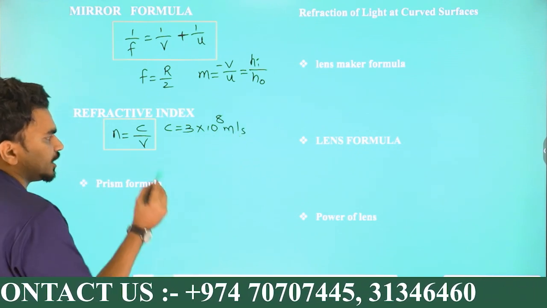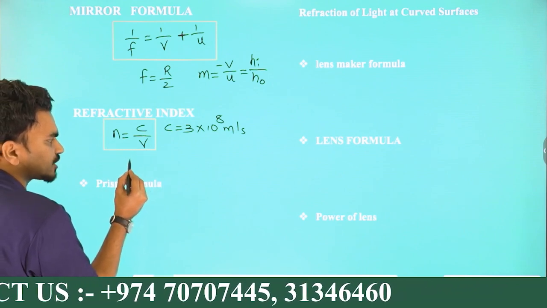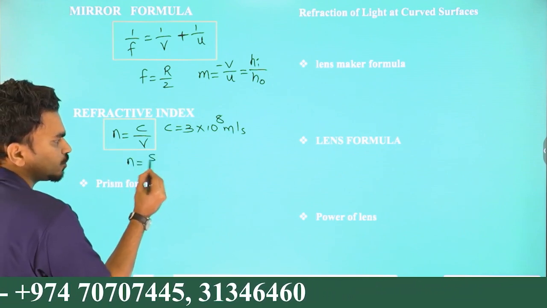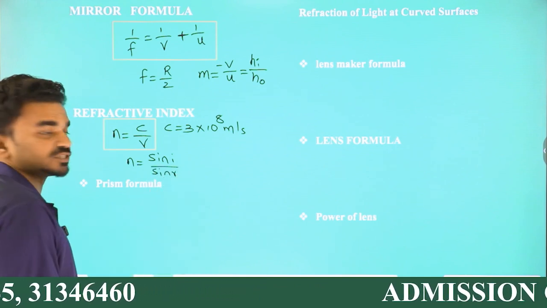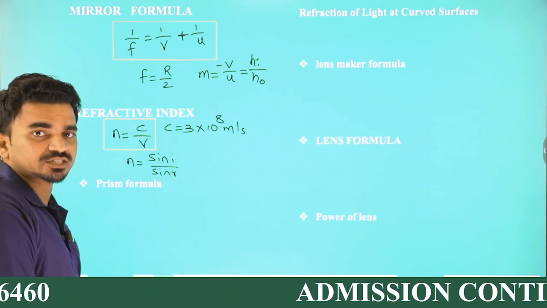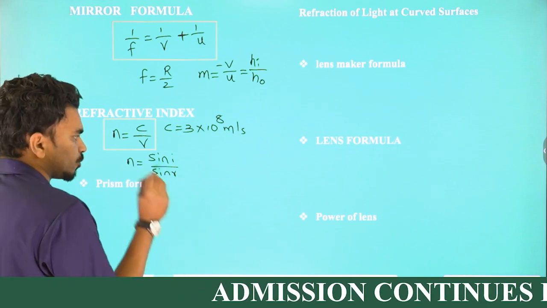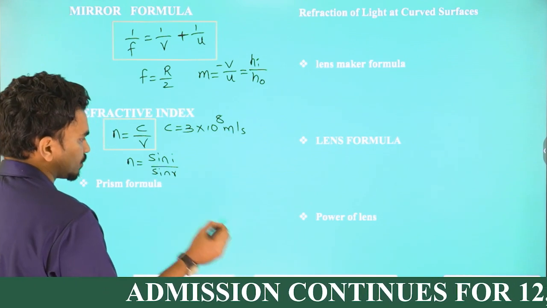Another formula for refractive index is n = sin i / sin r, where i is the angle of incidence and r is the angle of refraction. Keep that one also in your mind.